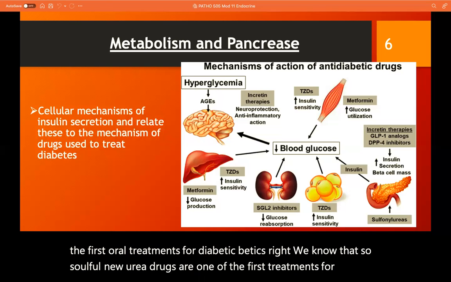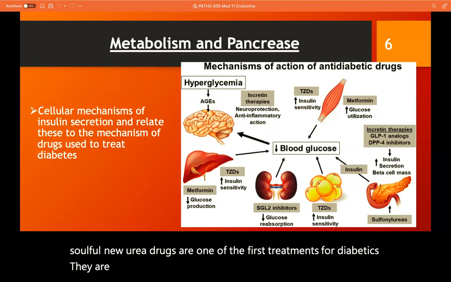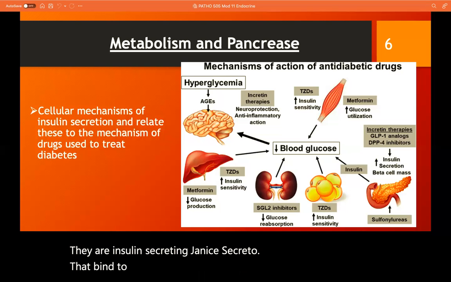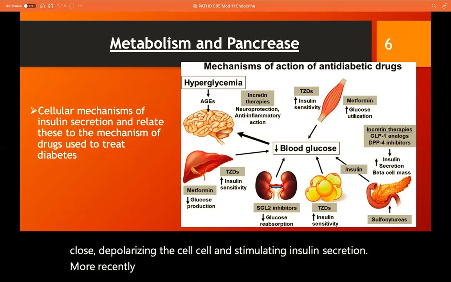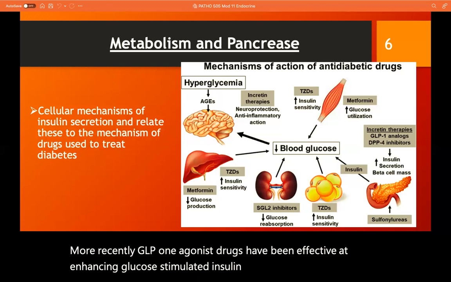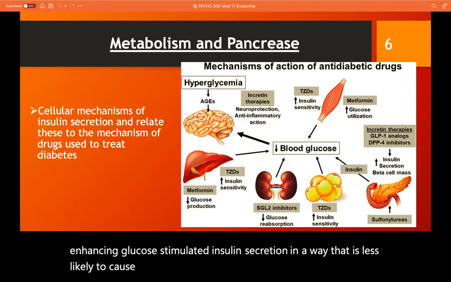They are insulin secretagogues that bind to the ATP-sensitive potassium channel and cause it to close, depolarizing the cell and stimulating insulin secretion. More recently, GLP-1 agonist drugs have been effective at enhancing glucose-stimulated insulin secretion in a way that is less likely to cause hypoglycemia than SUR drugs or sulfonylurea drugs.